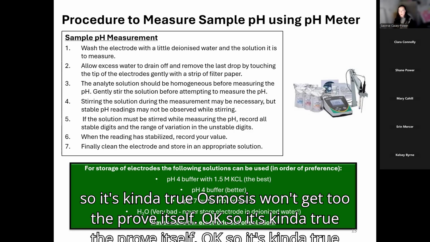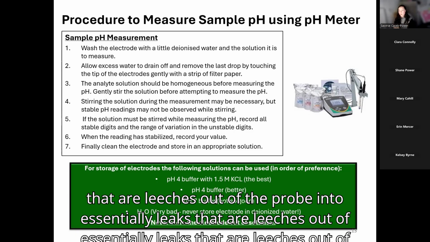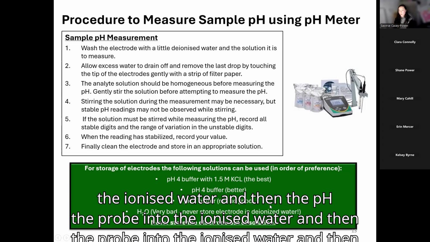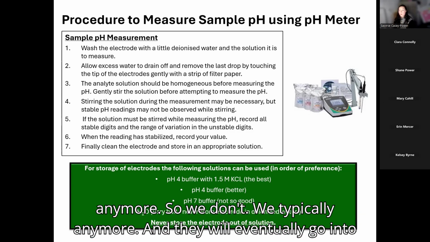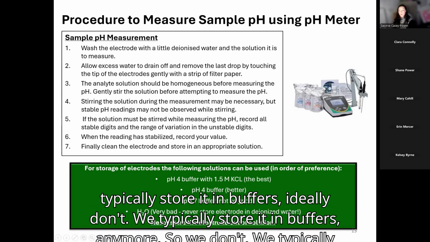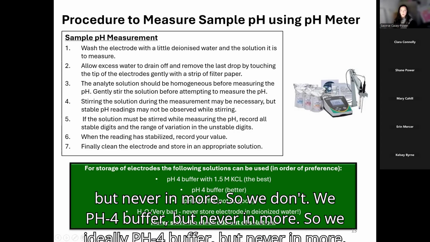Okay, so it's kind of done through osmosis. I won't get too much into that, but it essentially leaches out of the probe into the deionized water, and then the pH reference probe can't be used anymore. So we typically store it in buffers, ideally pH 4 buffer, but never in water.